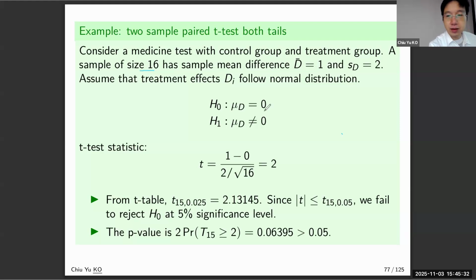D will follow a bell curve centered at 0, with standard error sigma over root n. And we said this is different from 0. If we put alpha over 2 here.